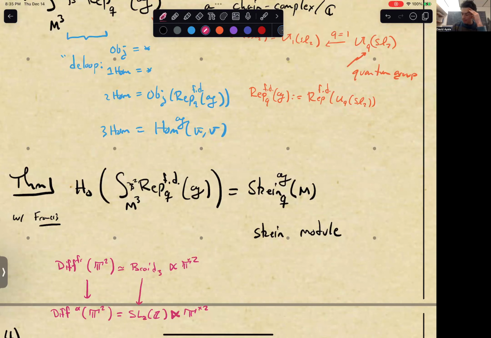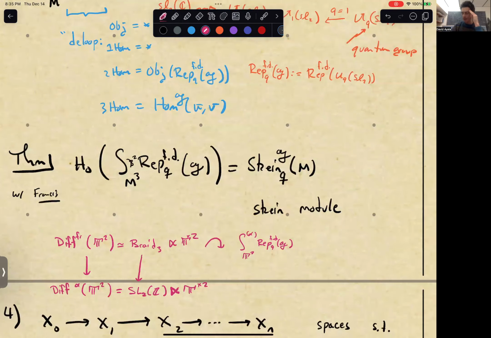And this acts on the factorization homology of the finite dimensional rep_q of SL of G. And again, that feature of modularity, in particular that it's an oriented theory, extends that action, producing an action of SL2Z.